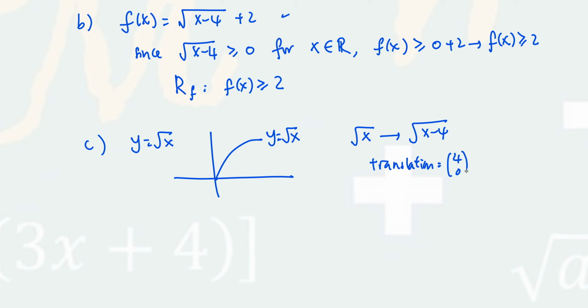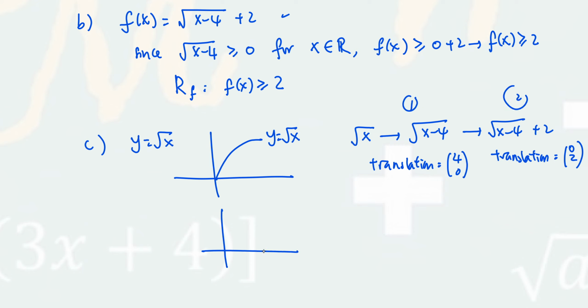X is 4, y is 0. Then after that, square root of x minus 4 plus 2. This is translation again. So it means that you move up the whole graph by 2 units. So just for information, I move it 4 to the right side.